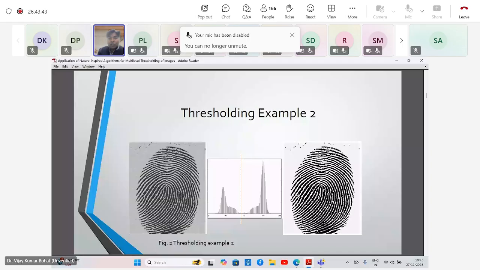If we apply a fingerprint recognition algorithm or any other algorithm on the rightmost image, the performance will be much better compared to the image on the left side. Again, by seeing the histogram, it's easy to determine where I need to place the threshold.